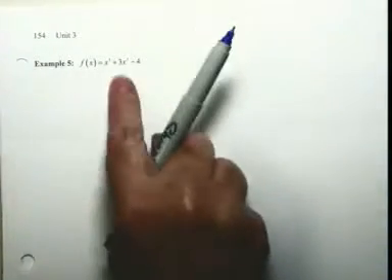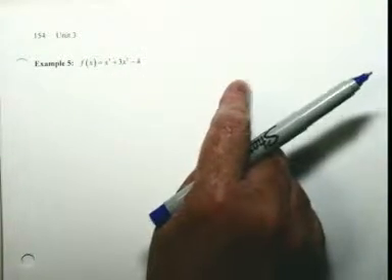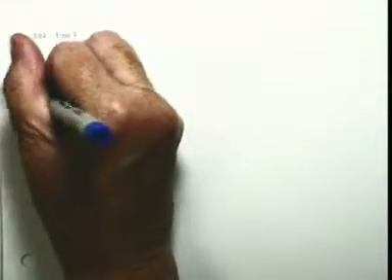Now, when there's no parentheses, it's already multiplied out for me. It's only the parentheses I have to multiply out to see what happens to x. I'll just look at x to the third.